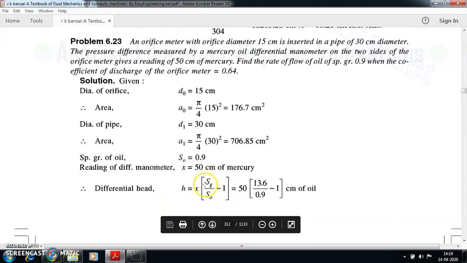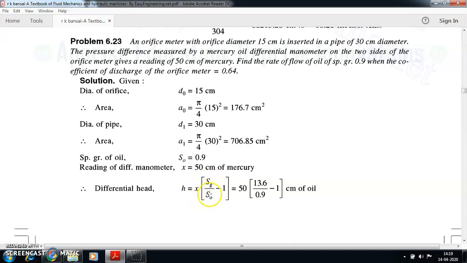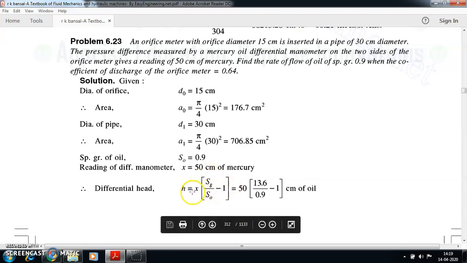Always the specific gravity of the manometer liquid will be at the numerator, and the flowing liquid in the pipe will be at the denominator. So that is the specific gravity ratio. X is 50 over here. Please convert it into meters. That is much better. So substitute, you will get so many meters of oil or so many centimeters of oil.